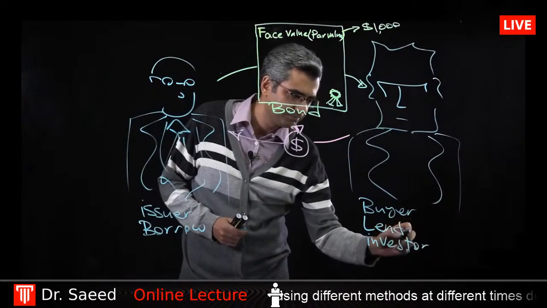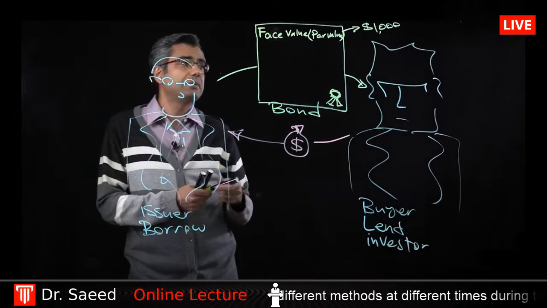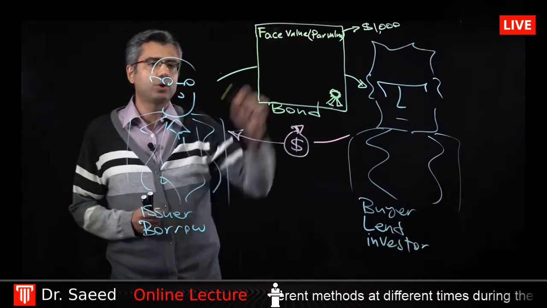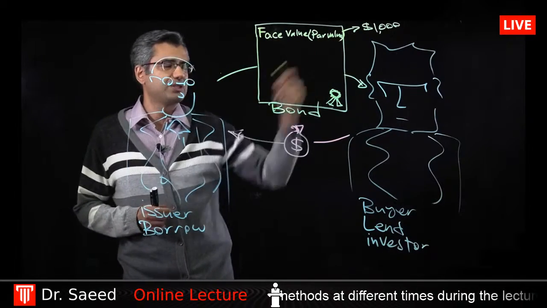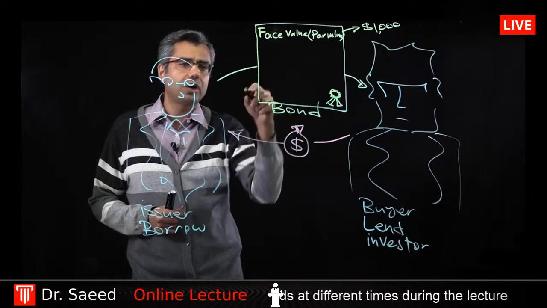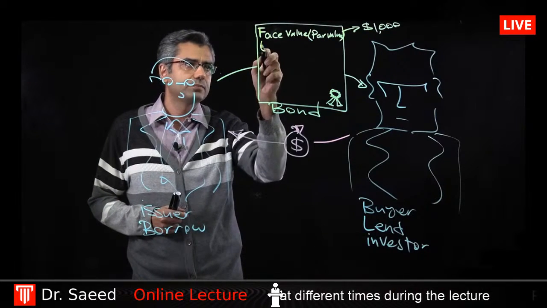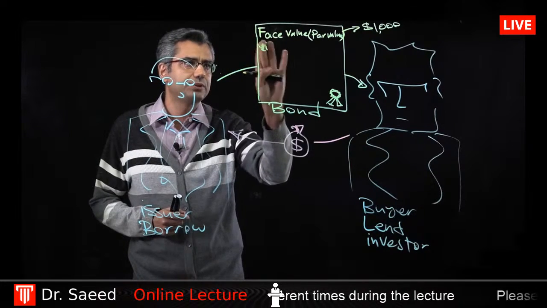So one thing mentioned on the contract is face value or par value. The par value is fixed, and in most cases for corporate bonds it is $1,000. Then another thing is time to maturity, or let's say maturity.